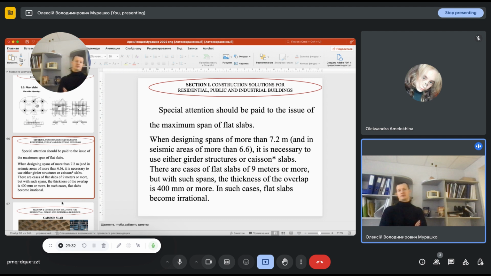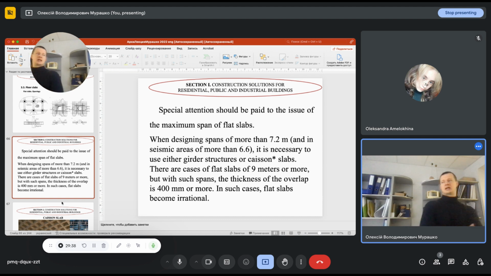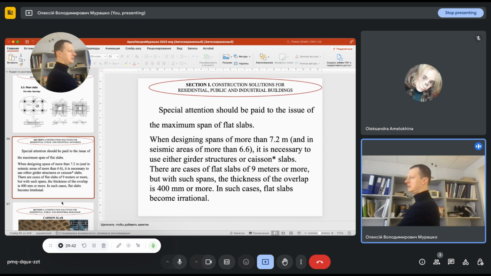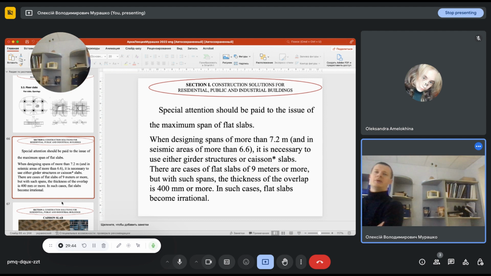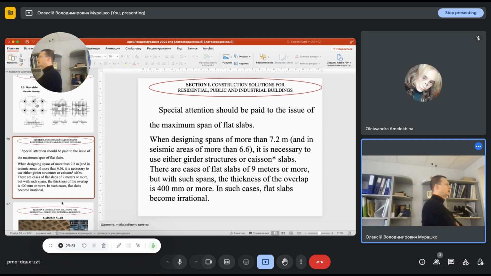But for example, when we're talking about our Odessa airport, in that case, we designed flat slabs with a span of 9 meters. For your understanding, regular flat slabs have a thickness of 0.22 meters, so 22 centimeters.